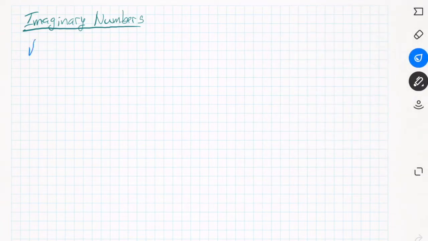So in these fields, we end up with things that have negative square roots, which are technically undefined in the real numbers, which makes sense because we know that the square root of 3 squared is equal to 3, the square root of 9.